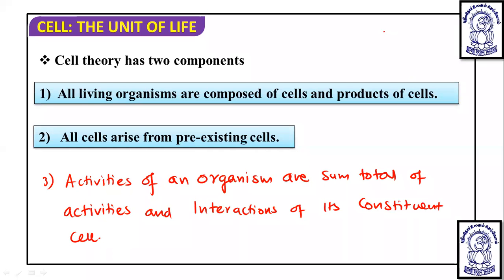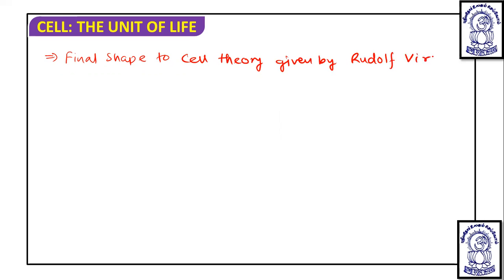So actual cell theory was like this, the final cell theory, having the three components. So we can say the final shape to the cell theory was given by Rudolf Virchow.